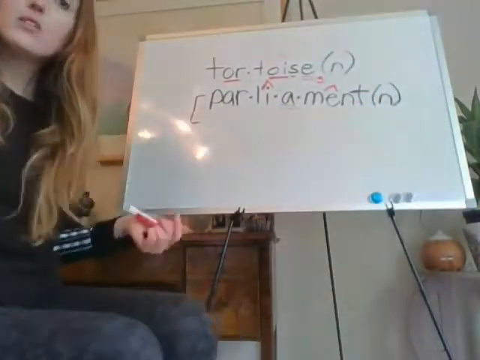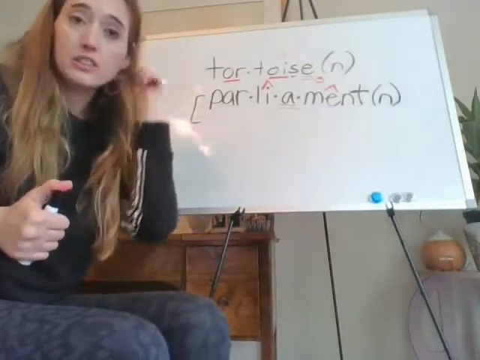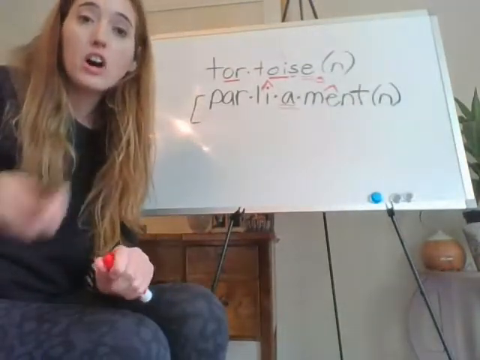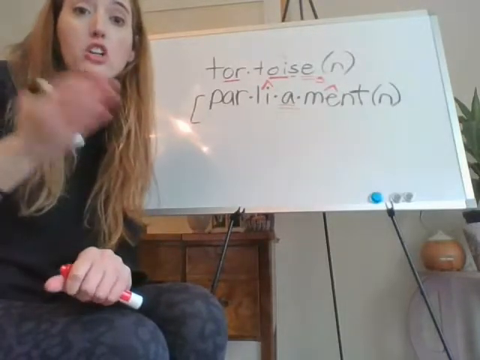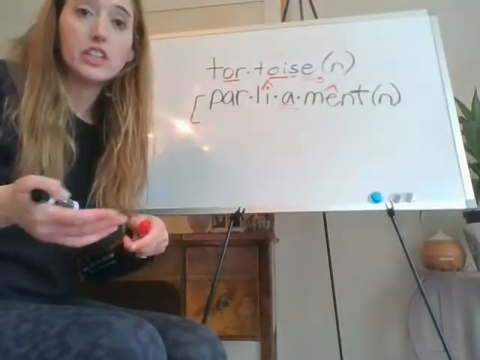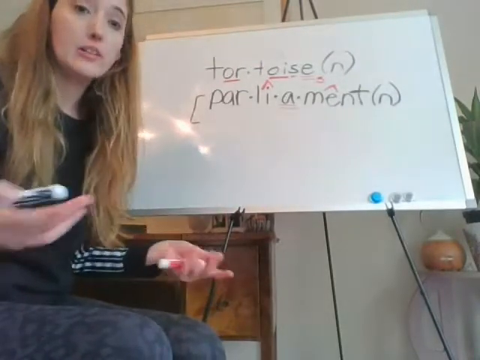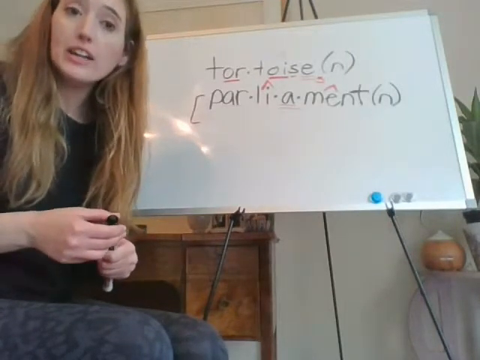Okay. Now we're going to look at the word Congress. So in the U.S. government, we have congressmen for each state. And so Congress is the whole grouping of those congressmen for each state who help to write laws and make important decisions for our country. So Congress is our word.